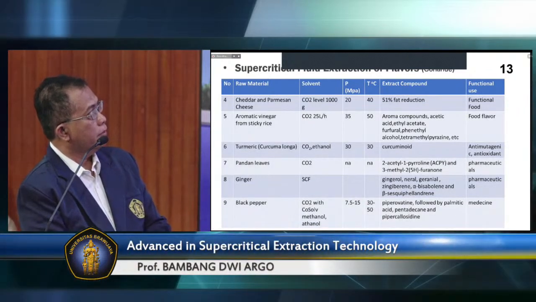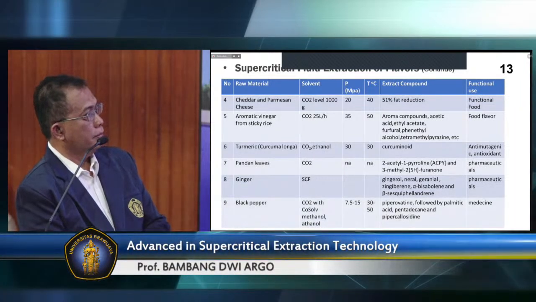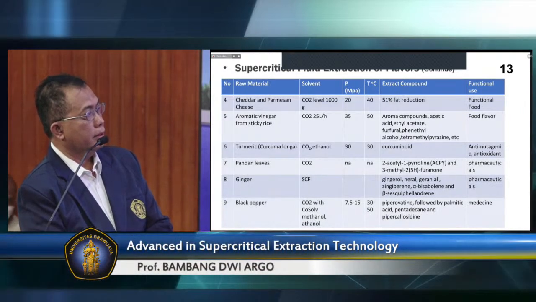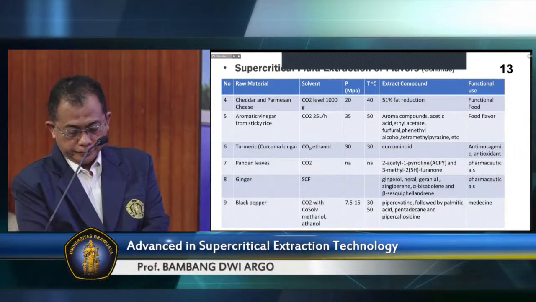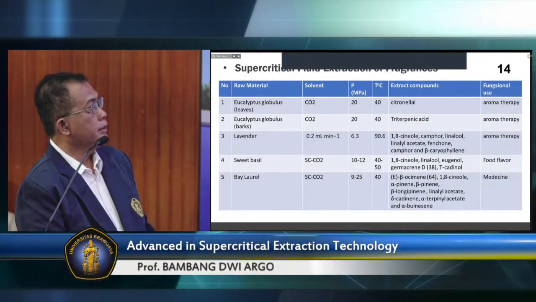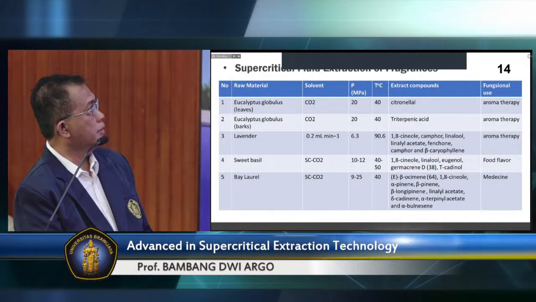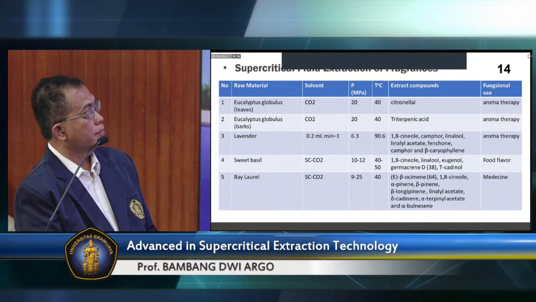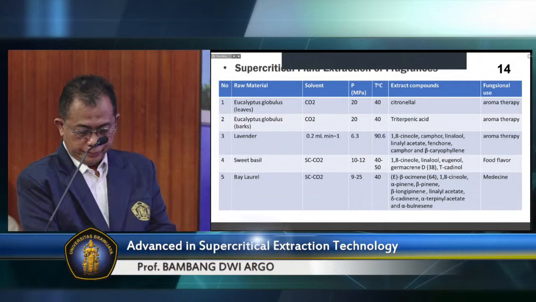And then for flavor from sticky rice, pandan leaf, for pharmaceutical material, ginger for pharmaceutical material, and black pepper used for medicine material. And the other one, we can also use it for aromatherapy, the leaf of Eucalyptus globulus for aromatherapy, and then lavender also for aromatherapy.